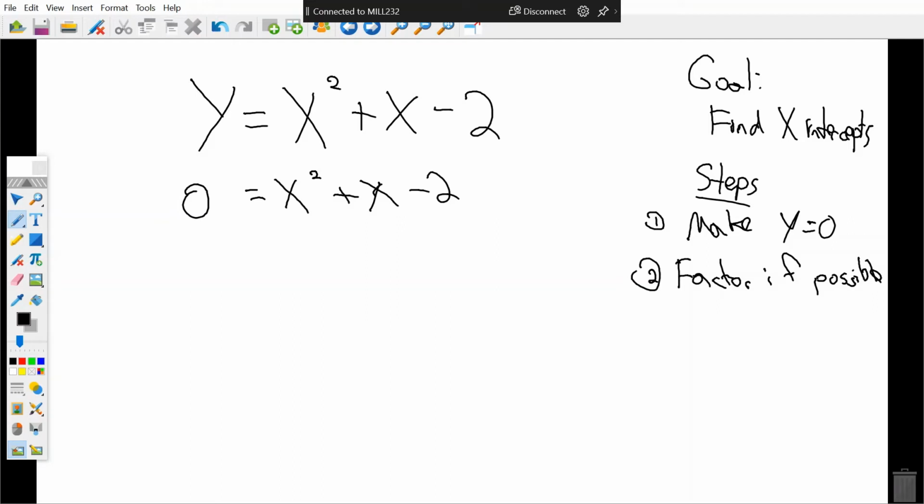If you can remember back to chapter 3 in Foundations 10, you have to factor x squared plus x minus 2. You're factoring trinomials. So you were looking for two numbers that add to the middle term, which is positive 1, and multiply to the last term, which is -2. So what are two numbers that multiply to -2 and add to positive 1?